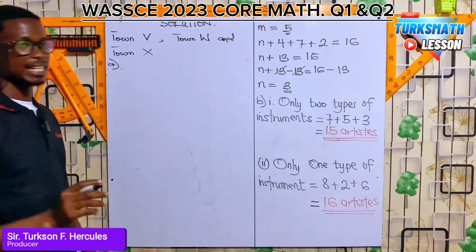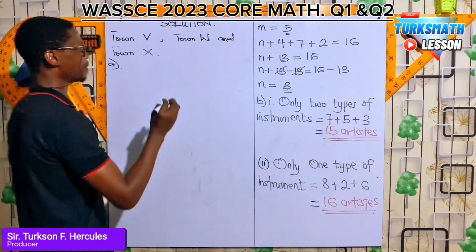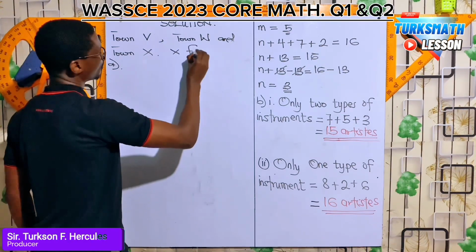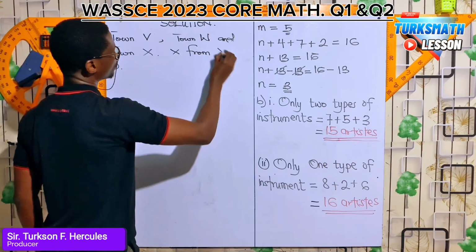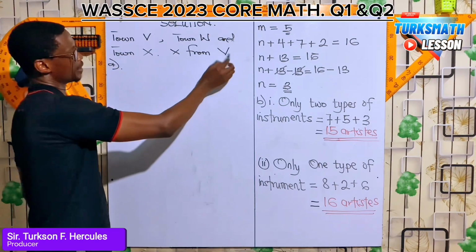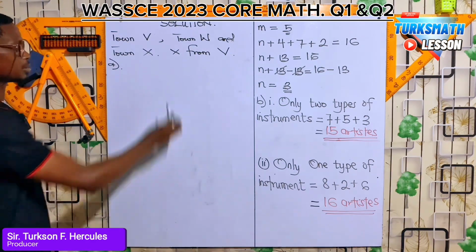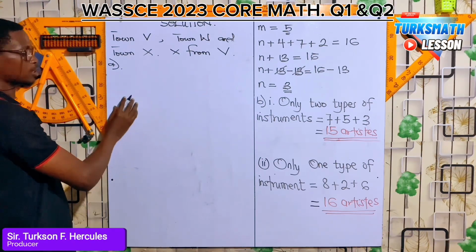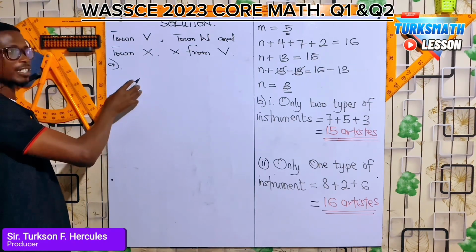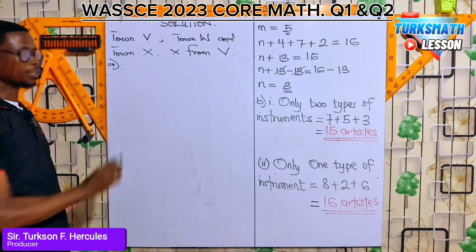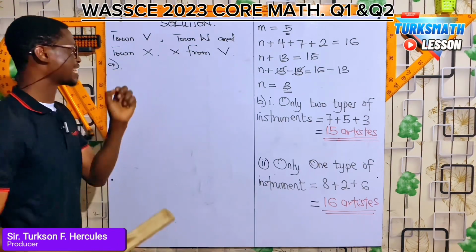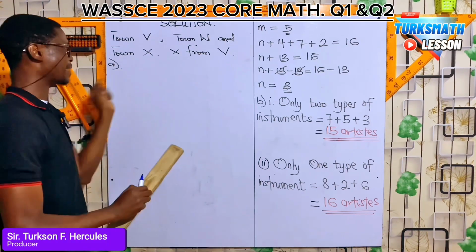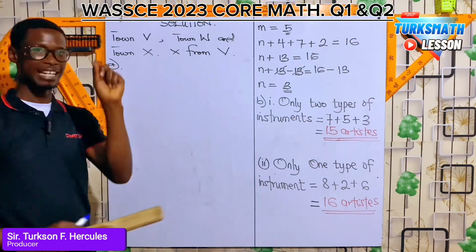So A, we need to get a diagram, and they are saying the bearing of X from V. So I need to get this one down, X from V. So I'm now going to draw my diagram here nicely. They say A, illustrate the information in a diagram. So you need to get the movement, right? Please just get your pen and also start drawing your diagram for me. So let's look at my diagram.